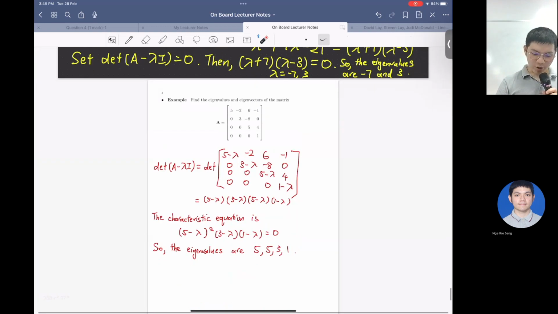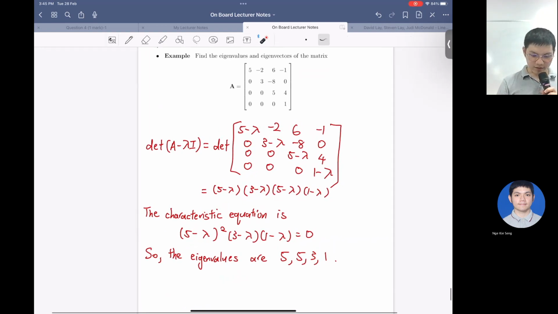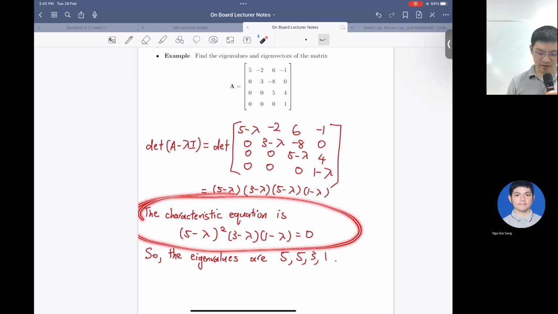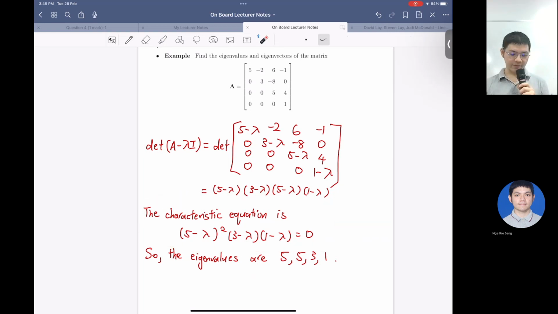Okay, so I hope we all start by calculating the determinant of A minus lambda I, and then we find the characteristic equation and set it equal to 0. The good thing about introducing this notation is we don't need to say every time, set the determinant equals 0.